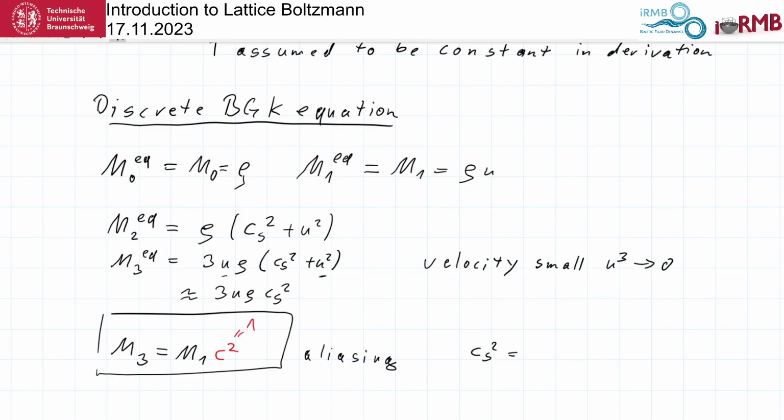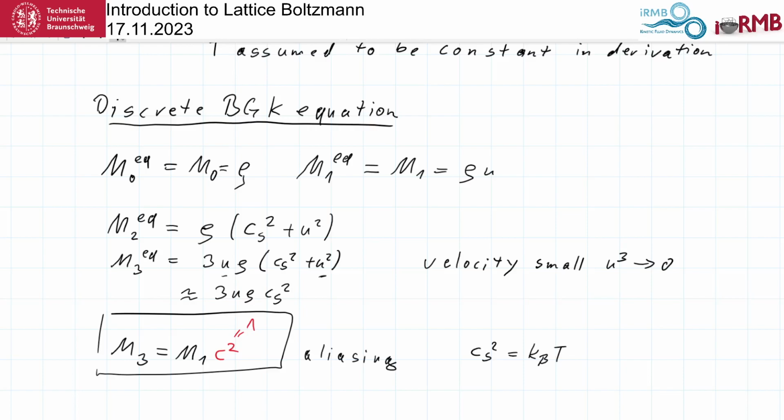This cs squared, of course, in physics is related to Boltzmann T, so it is related to a certain temperature. And this temperature was not specified other than that it is constant. Now you could probably already see what you should do for your velocity in order to rescue this model.